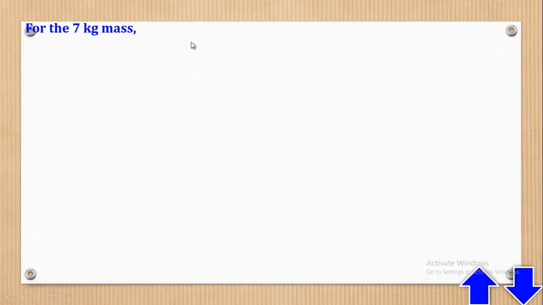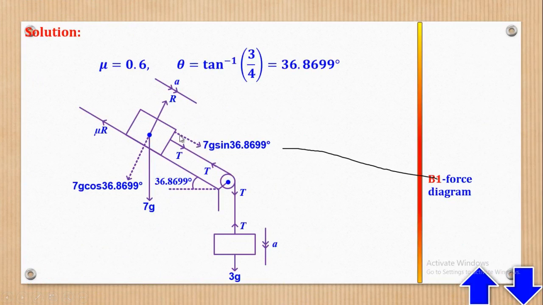So for the 7 kilogram mass, you come here. For this 7 kilogram mass, we are interested in this. Perpendicular to the plane, we are interested in this, meaning that capital R will be equal to 7g cos 36.8699 degrees.